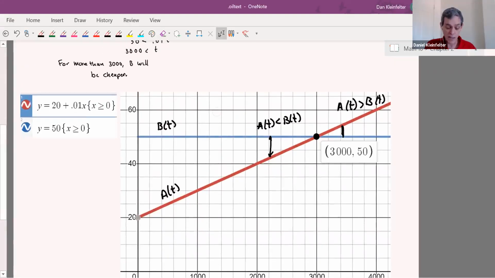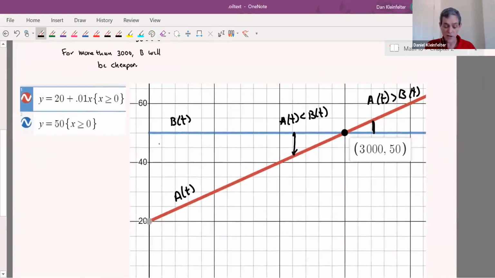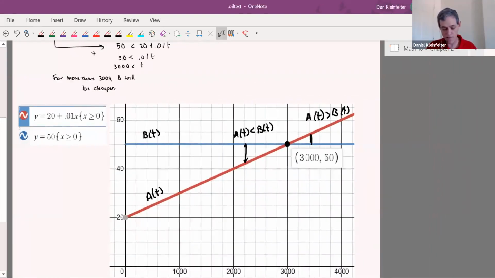The other thing I wanted to mention is that I wanted the graphs to just start at 0 because it didn't make any sense to have a negative number of texts. So that's the part in curly braces. We're just specifying a domain, and that is that we're requiring the x's to be at least 0. But that's just kind of minor stuff. The big part was knowing which function is on top. It tells us basically which one is the better deal for you as the consumer.